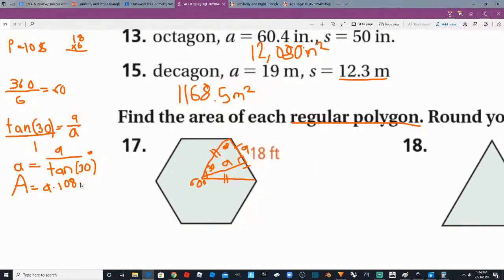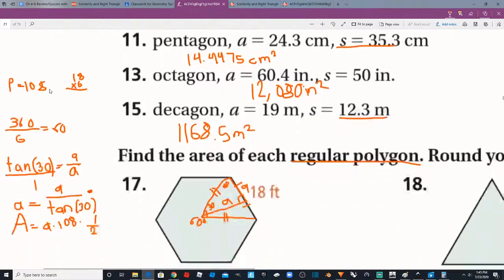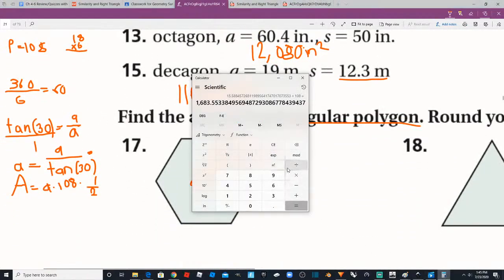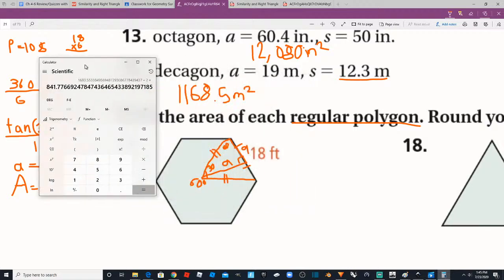And one more thing we need to add. The 1/2. It's basically 1/2 times perimeter times the apothem. So let's simply divide this by 2. Okay. And we have 841.7766.